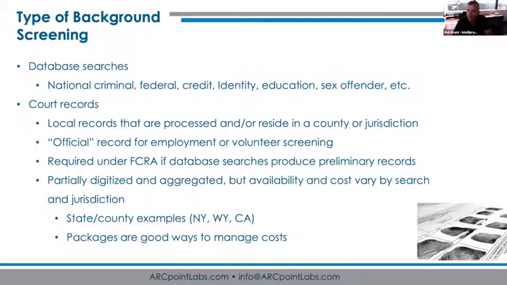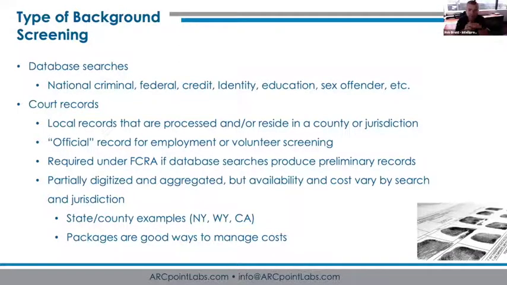The FCRA outlines that if you get a preliminary hit on a database search, you have to pull the county record. The reason is there are potentially a couple of issues. Databases are not completely flawless. They're good, but if somebody miskeyed or mistyped information and it went into the database, it could be replicated and stored, and sometimes those are hard to purge. So there could be inaccurate information in there.